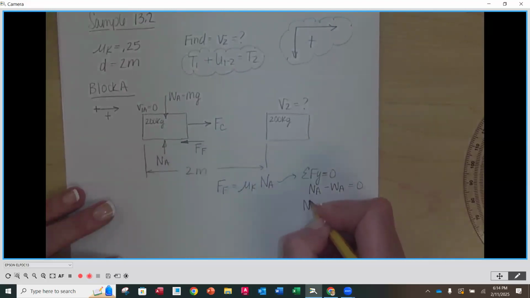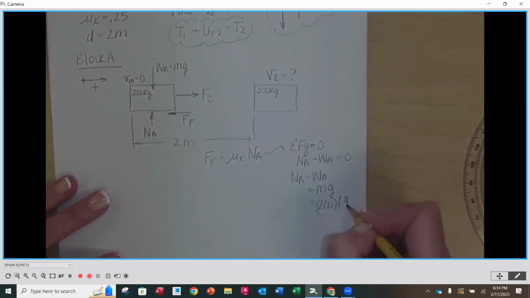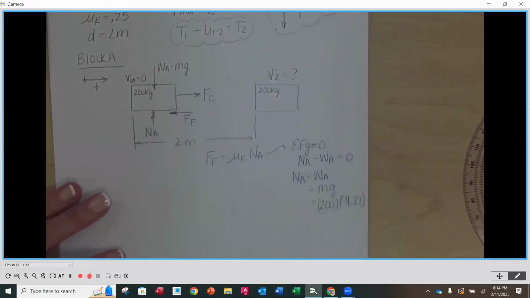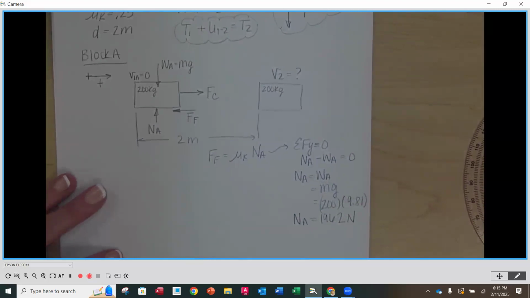So we can say that the normal force at A is equal to WA, and that is equal to mass times gravity, which is 200 kilograms times 9.81 meters per second squared, the acceleration of gravity. So our NA is 1962 newtons.